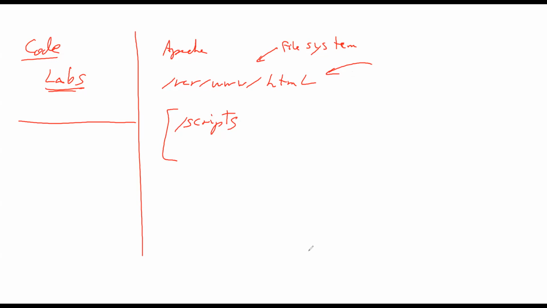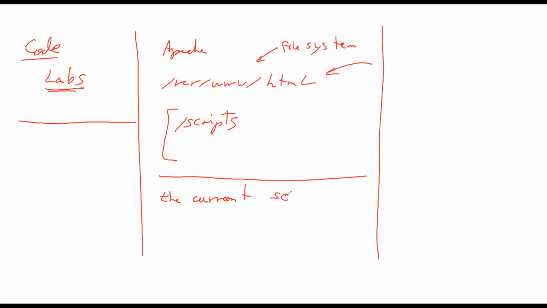Now, one of the things you probably will want to check as you do PHP is the current settings. If you want the current settings of PHP, you can, in a PHP file, just type the function phpinfo.